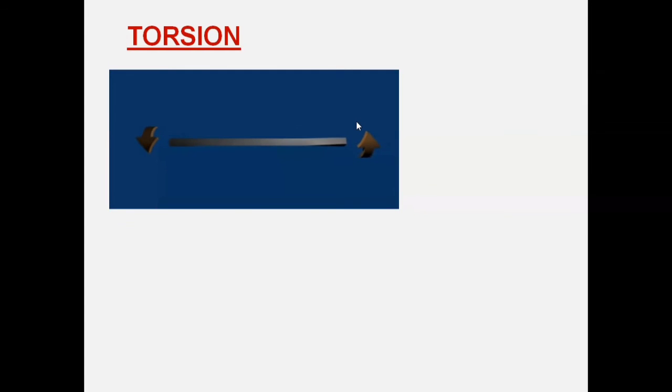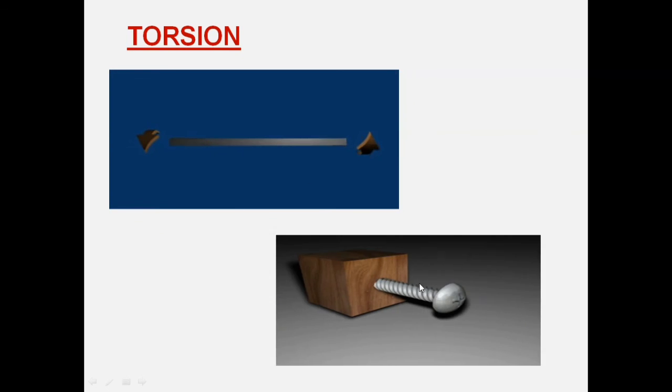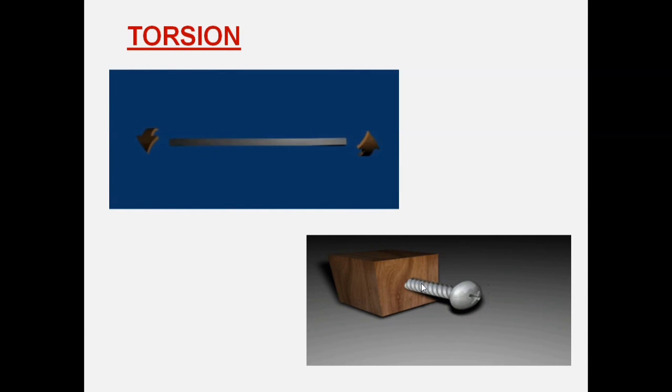If you twist a material in opposite directions, there will create a torsional force. You can observe that mechanism in this figure. This also you observe in your day-to-day life. This is an example for torsional force.